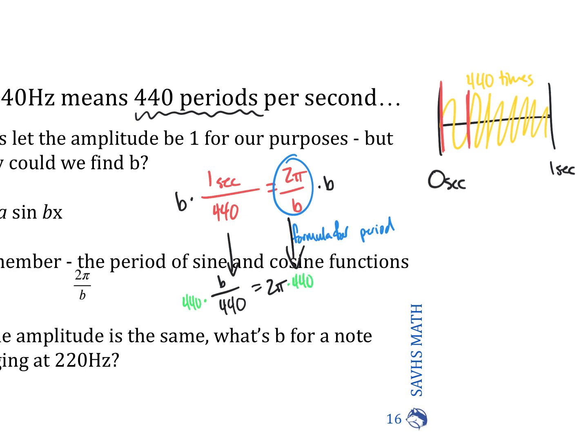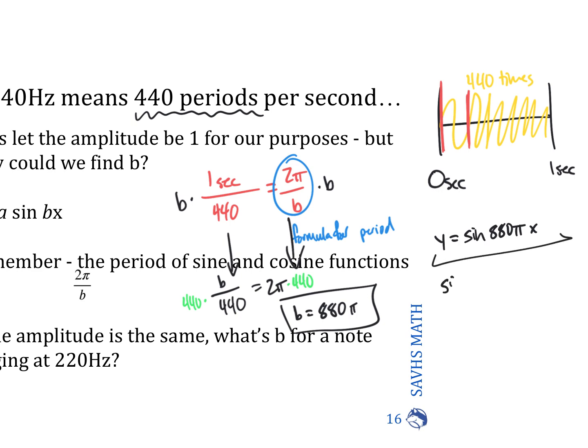And we get b equals 880 pi. Okay, so what we know now is that our function for this A that rings at 440 hertz is, let's use sine, y equals sine of 880 pi x.